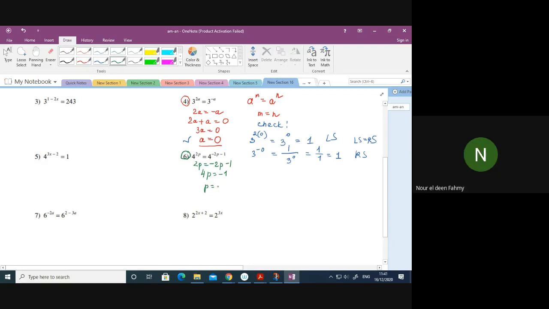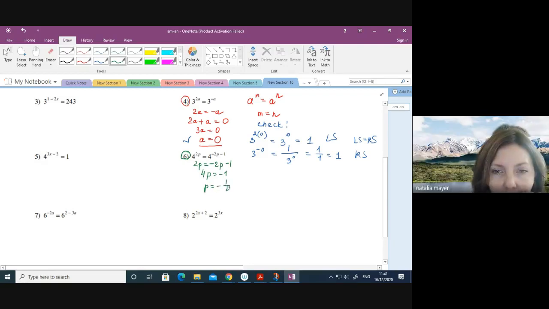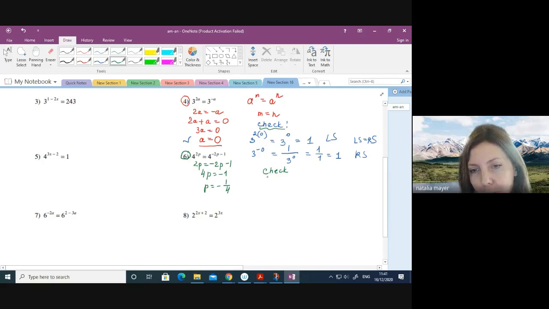Negative 1 over 4. Okay, let's do a check. It will really help you to have control over your result on the test, for example, by using a check. So the left side, 4 to the power of 2 times negative 1 over 4 is going to be negative 1 over 2, right?